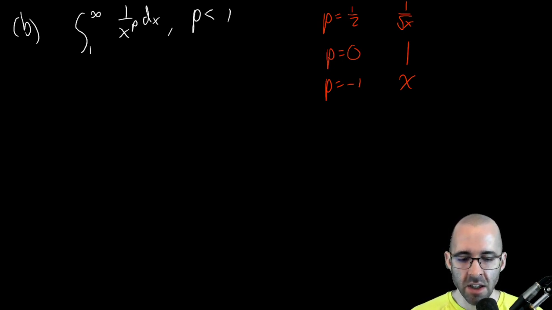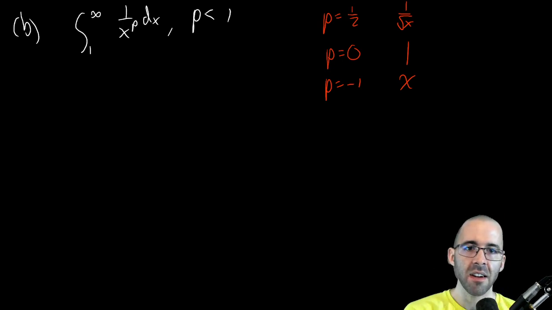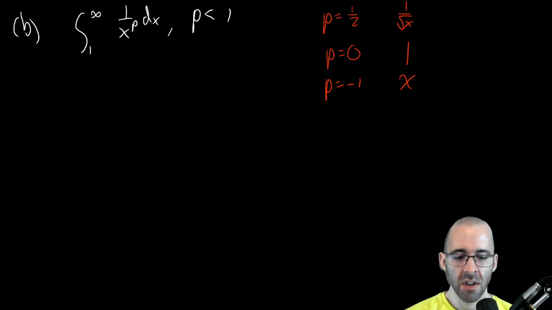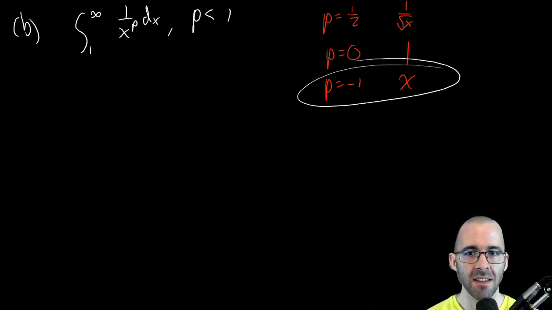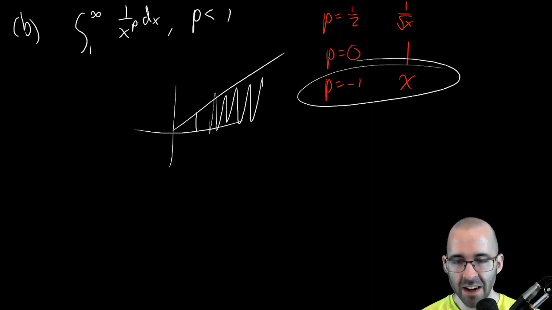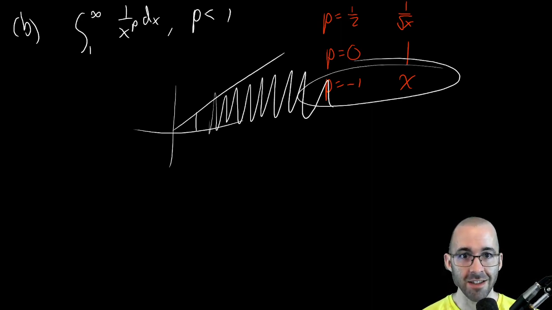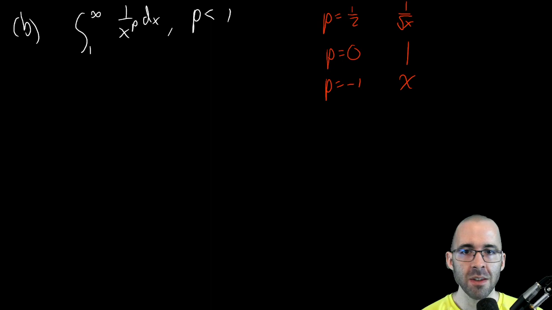Okay. But now the question is, can we compare this to something and do we think it's going to converge or diverge? Well, in this case, it should definitely diverge, right? The area under the curve of x from 1 to infinity, this area, that should definitely diverge. So if there's a single answer for all of these p, we're expecting it has to diverge.